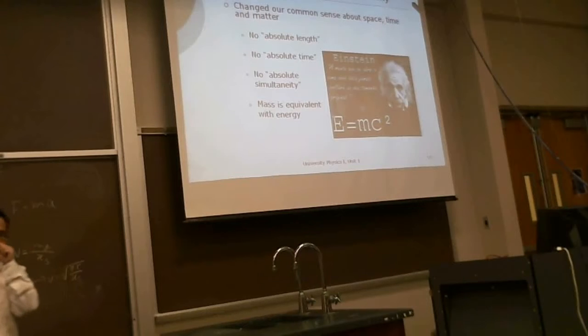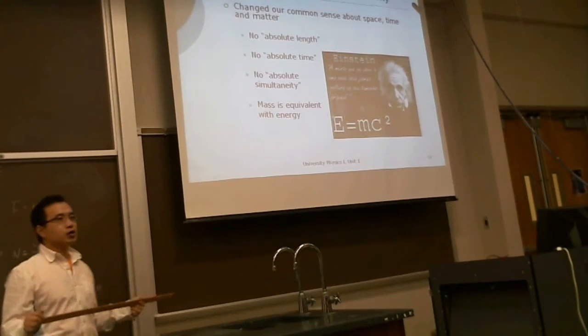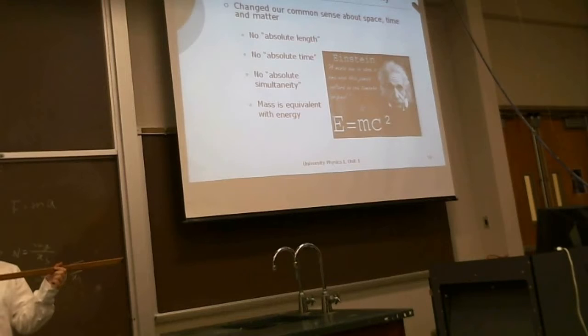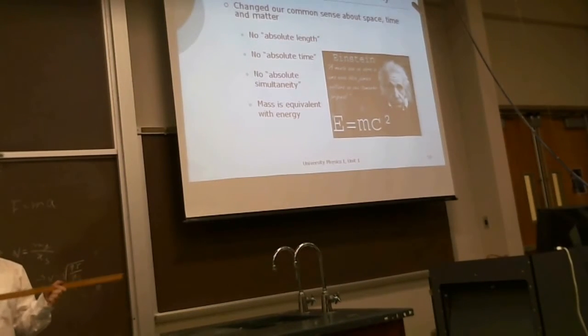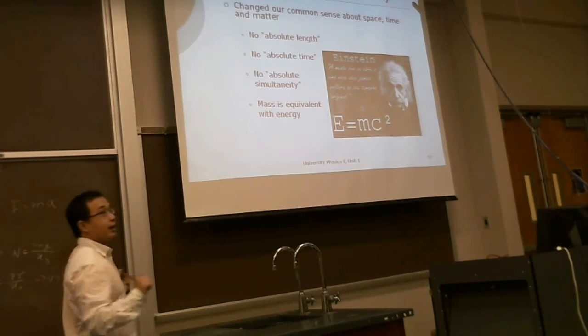Also, there is no absolute time. Time is dilated for a moving object. Like 1 second measured in a stationary frame may be 2 seconds or 2 years in a moving frame, depending on the velocity. That's time dilation.